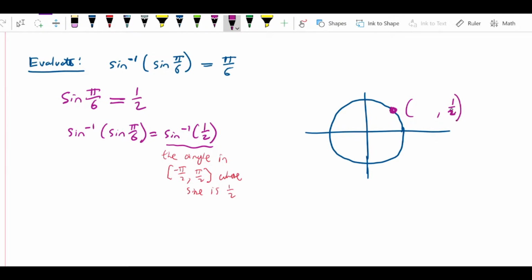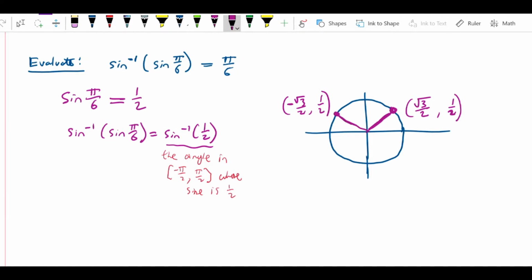So we're looking for a point where the y part is 1/2. From remembering the unit circle, we know the x part is √3/2. This point here also has a sine of 1/2, and its x value is -√3/2. So there are the 2 points where the sine is 1/2. One of them looks like that. The other angle is going to look like that.